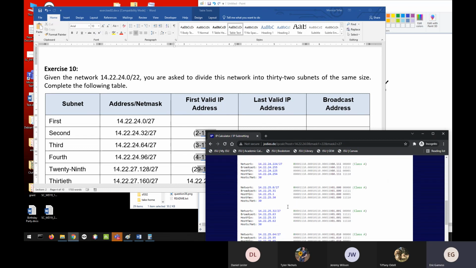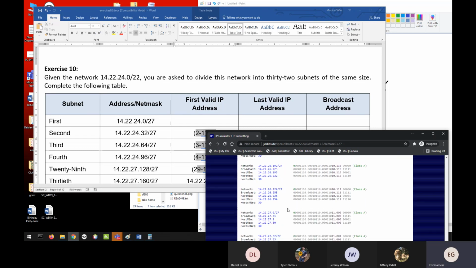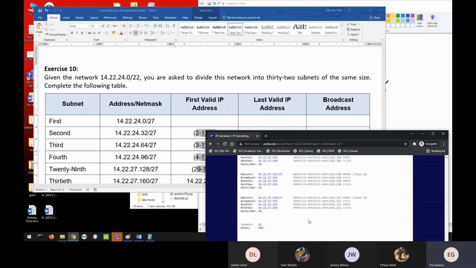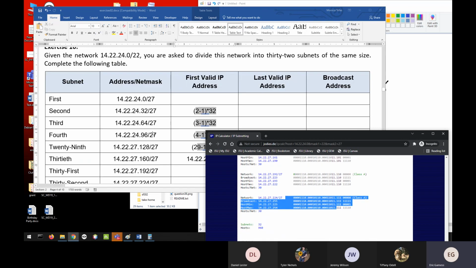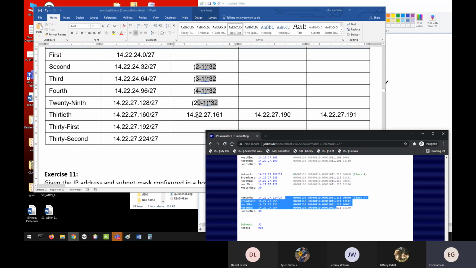Calculate. Okay, look at a lot of subnetworks. This is the last subnetwork. I want to verify this one. This is the one that is next to the last, and this is the one that I want to verify.